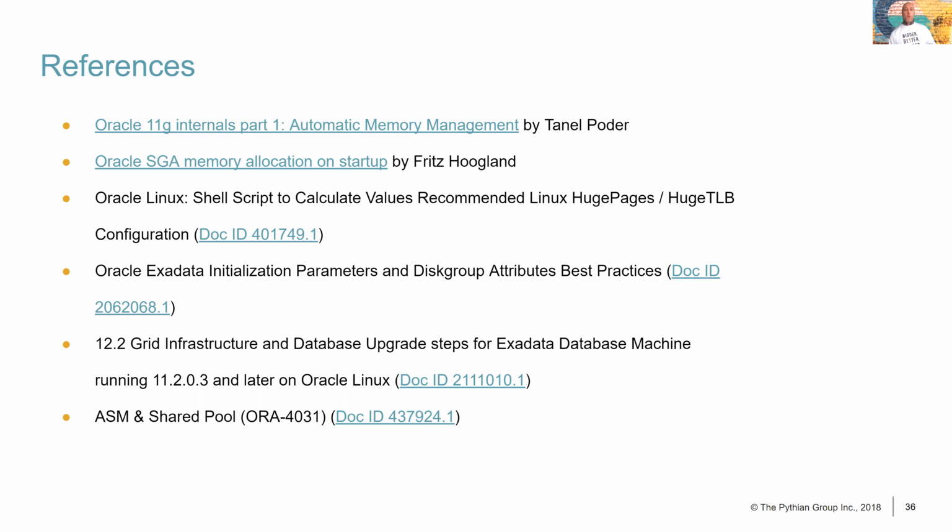We have this MOS note, My Oracle Support, to calculate the required HugePages, all that stuff. If anyone wants these references, I will be happy to share them on Twitter, email, or whatever.